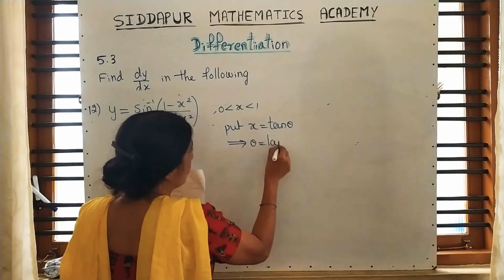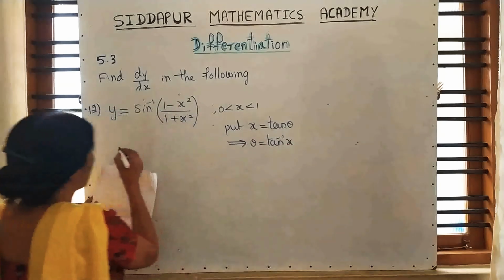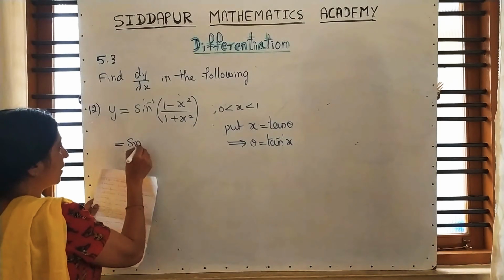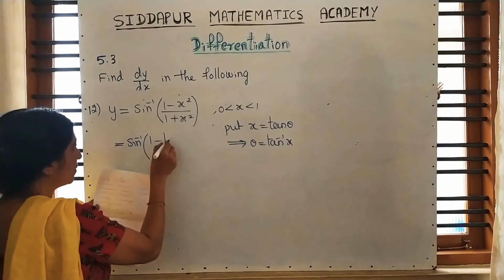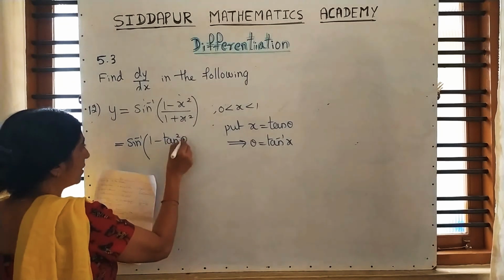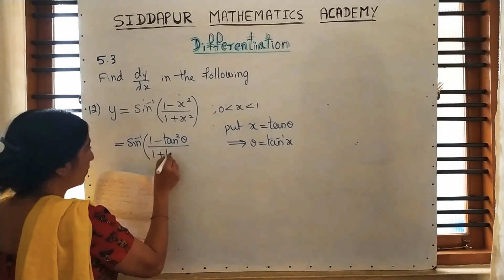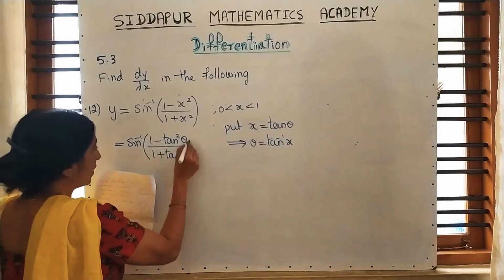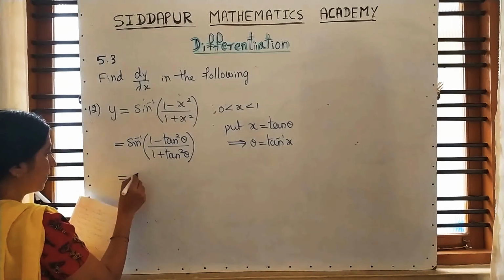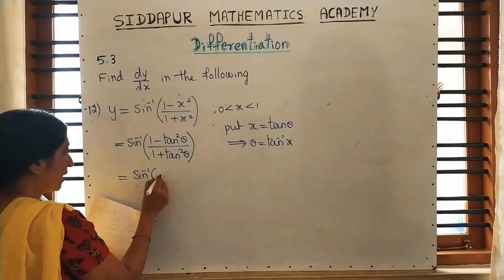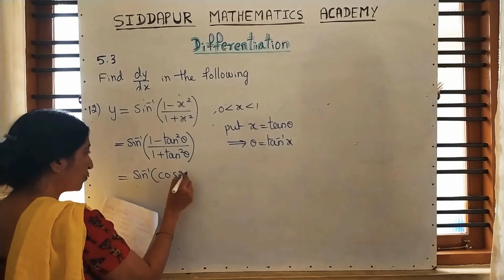Theta is equal to tan inverse of x. Sin inverse of (1 minus tan square theta) upon (1 plus tan square theta). It is sin inverse of cos 2 theta.